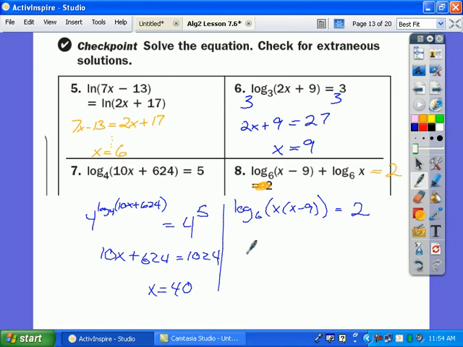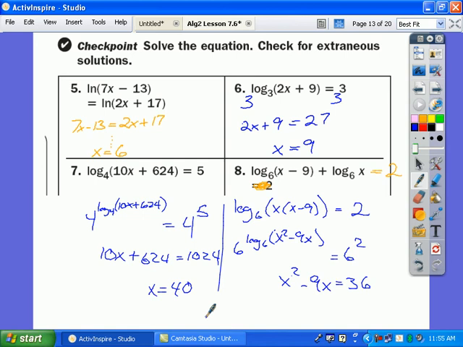So this is going to be a quadratic equation, x squared minus 9x equals 36. We can bring over the 36, this thing will factor into x minus 12, x plus 3, which means x equals 12, and x equals negative 3.